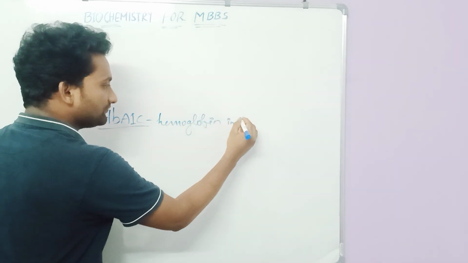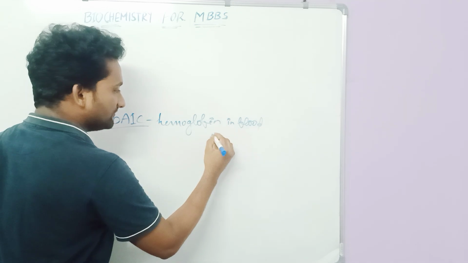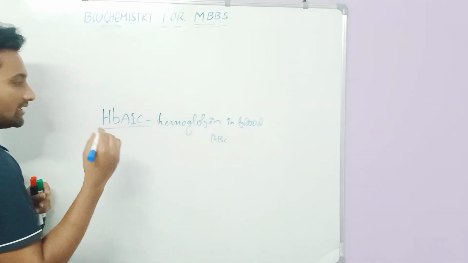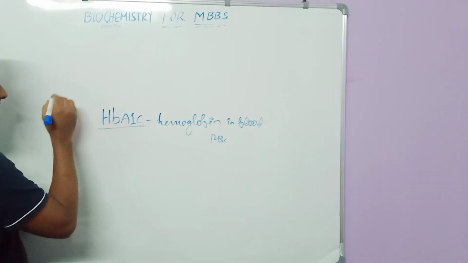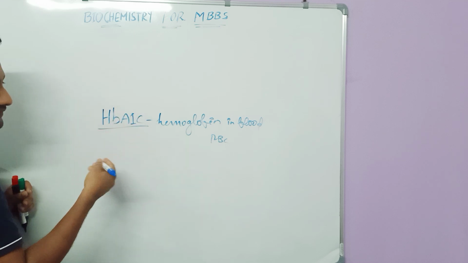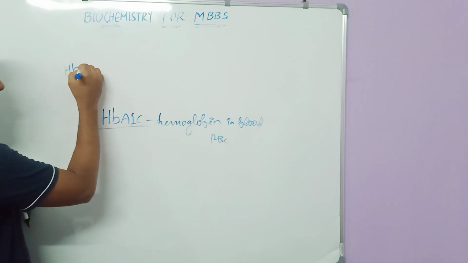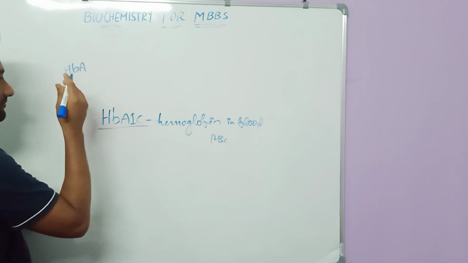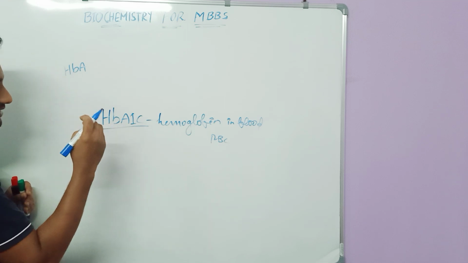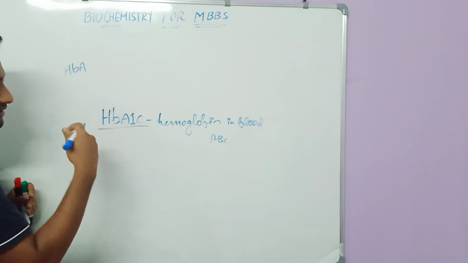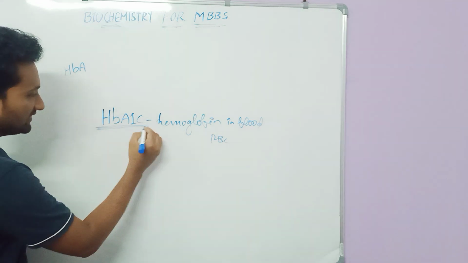in the blood, or you can say in RBC. Mostly in adult RBC, hemoglobin will be in the form of HbA, but a minor composition of hemoglobin is also present in the form of HbA1c.